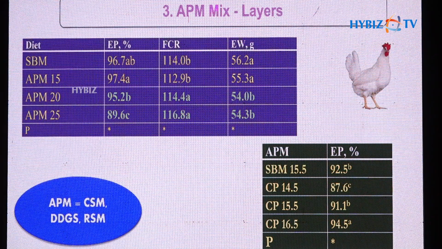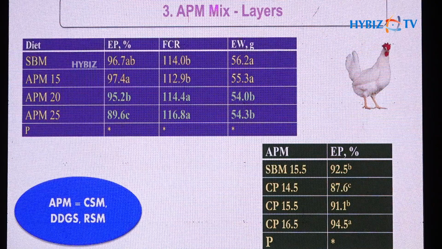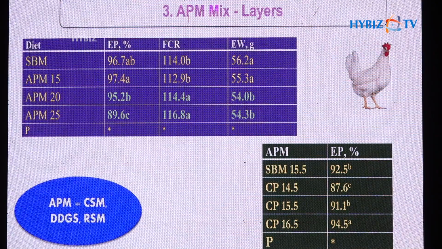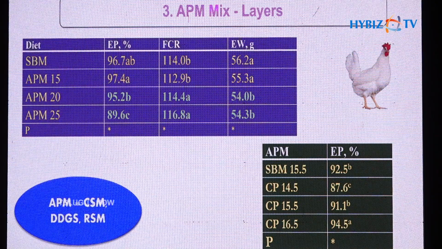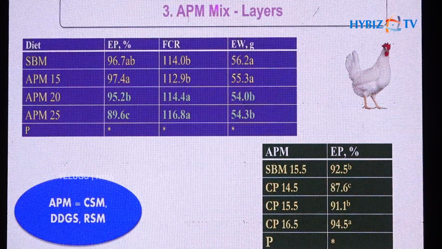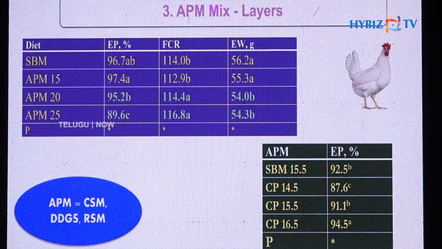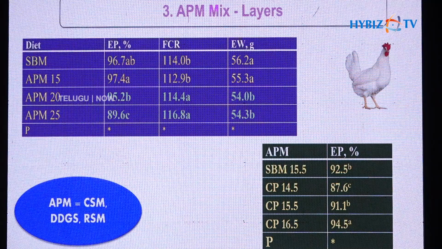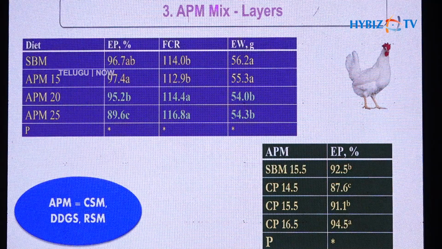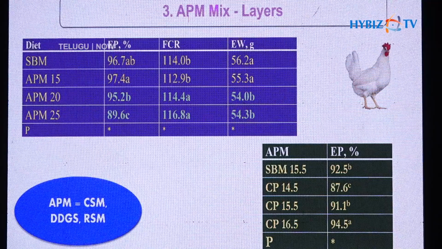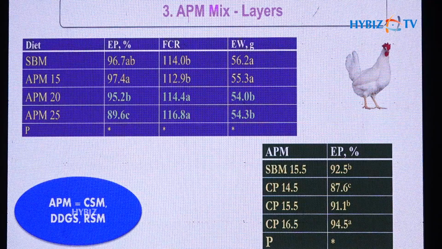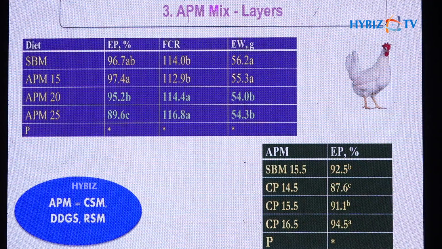So practically, any typical researcher like me, or maybe anybody, or Purushottam Sir, whoever it may be, when we are doing any trial, let it be energy source for maize or protein source for soybean, at a time we replace only one ingredient, maybe DDGS or maybe guar meal. But practically the industry and we use multiple alternate sources together.